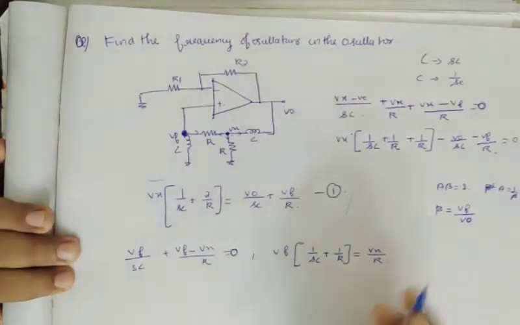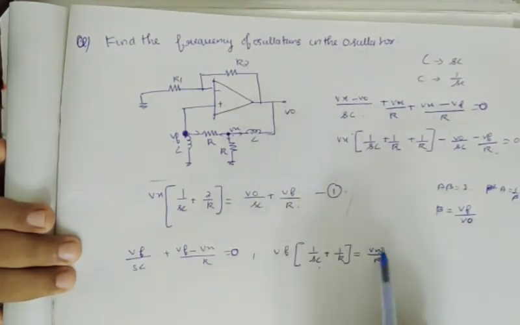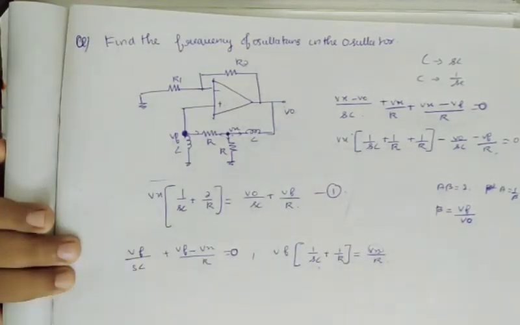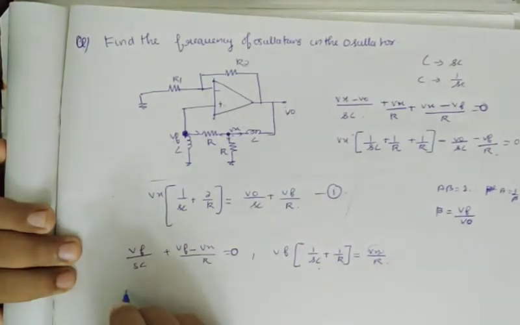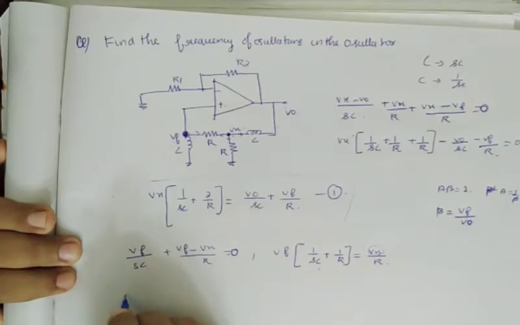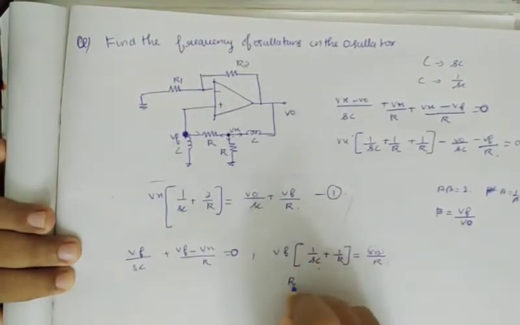Okay. So this is our Vf and Vx is over here, and I have to take Vx in terms of V0. So what is Vx?